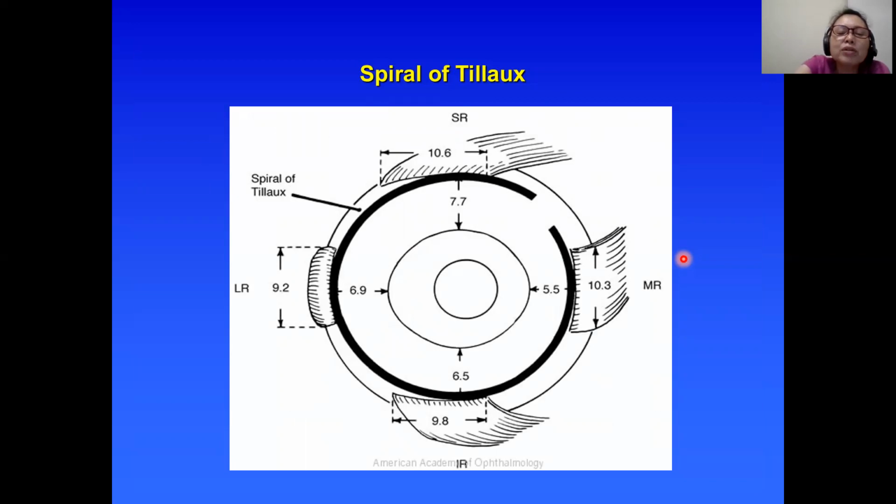Regarding the insertions from your limbal area, the farthest from your limbal area is your superior rectus. The medial rectus has the nearest insertion to your limbal area. The medial area of your eyeball is the common location of pterygium.